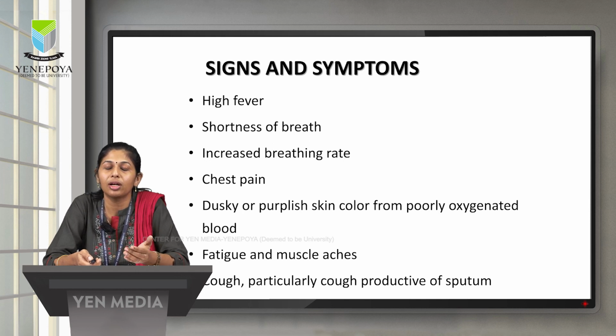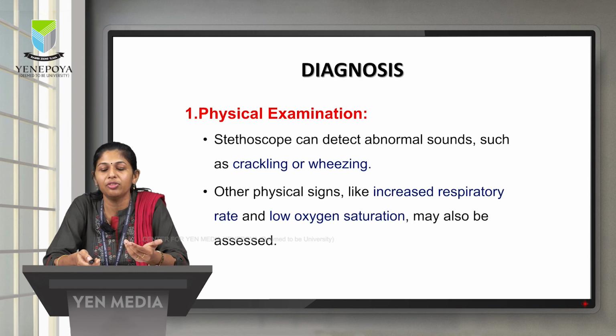In non-productive cough, there won't be any secretion of sputum or mucus, whereas in productive cough, you can see the secretion of sputum or mucus. That is the difference between productive and non-productive cough.